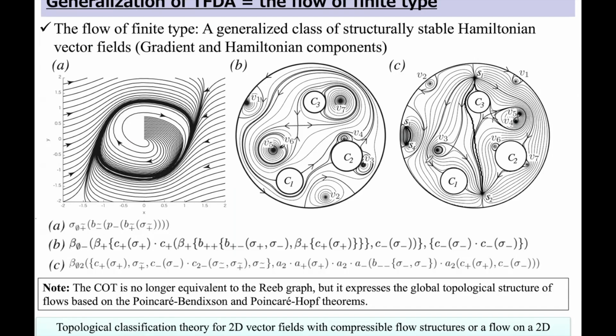I won't explain it here, but by generalization we still have a unique COT representation for this type of compressible flow. At this stage, the COT is no longer equivalent to the tree graph, but still expresses the global topological structure of flows based on the Poincaré-Bendixson and Poincaré-Hopf theory. So this is the solution to the first problem.